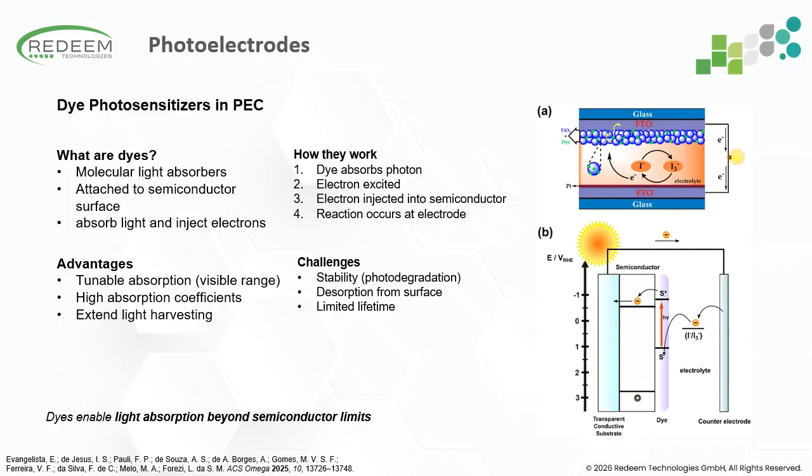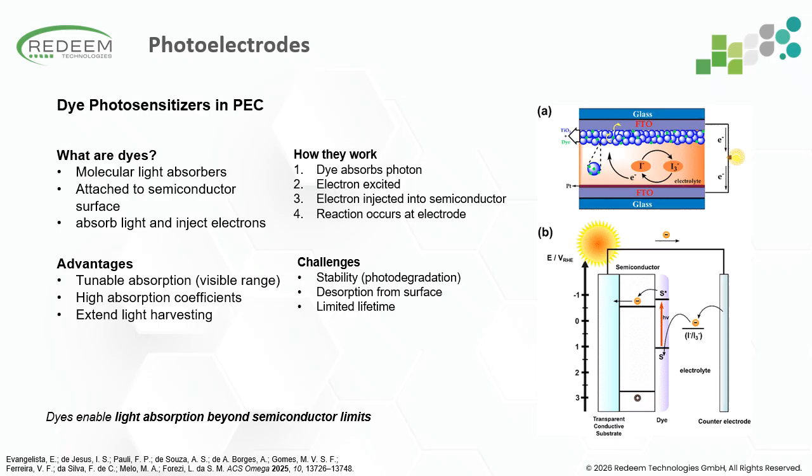And before we conclude this chapter on photoelectrodes, I'd like to briefly introduce one additional concept, which is dye photosensitization. Instead of relying on the semiconductor itself to absorb light, a molecular dye is attached to the semiconductor surface. When the dye absorbs a photon, it becomes excited and injects the electron into the conduction band of the semiconductor.